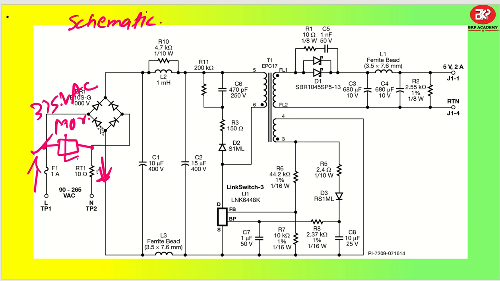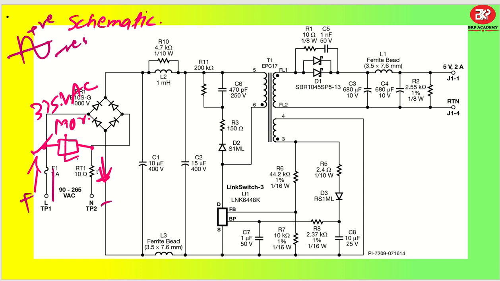Good. Now we are going to talk about the bridge rectifier. The bridge rectifier is of 1000 volt 1 ampere rating. And how it works, you can see the path. Let us say this is line and neutral. This is the positive half cycle and this is the negative half cycle. Right now it is positive and negative.